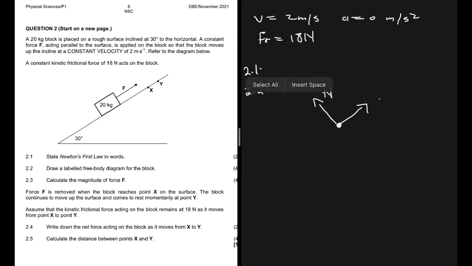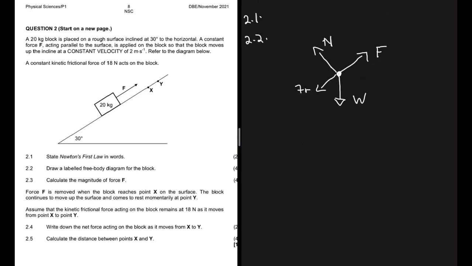So this is our normal force, this is our F applied, and then we always have weight, right? Regardless of anything else. And then we are also told that we have a frictional force that is opposing the motion at 18 newtons. So there we have our frictional force. So that's it for the free body diagram.